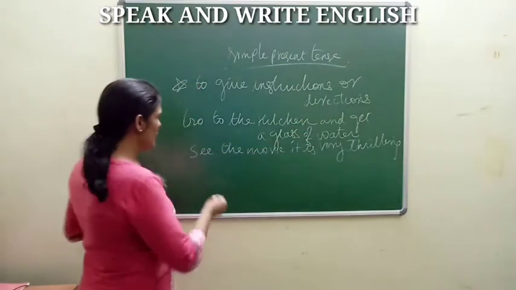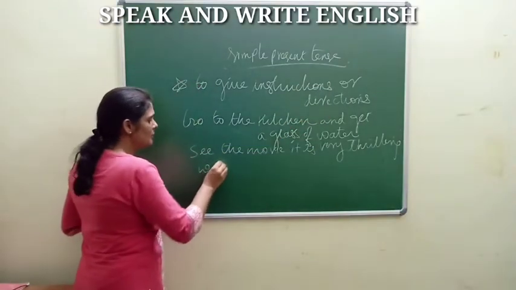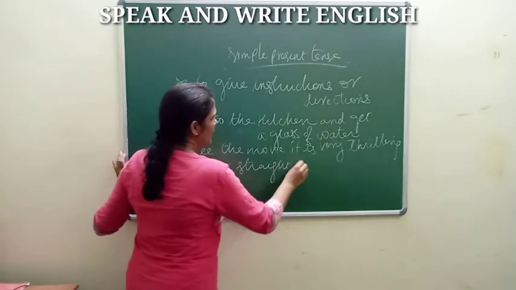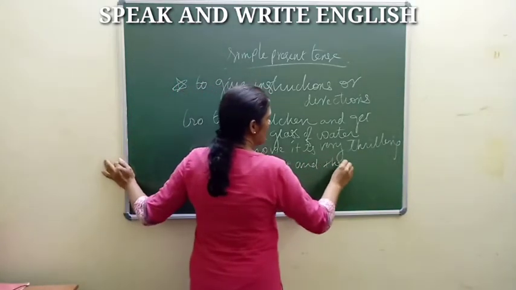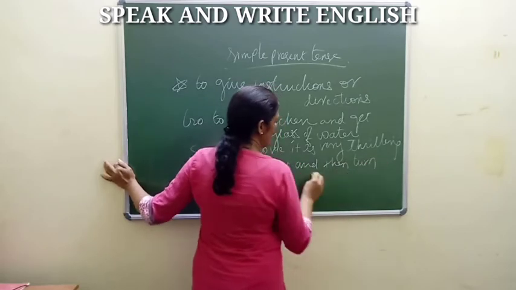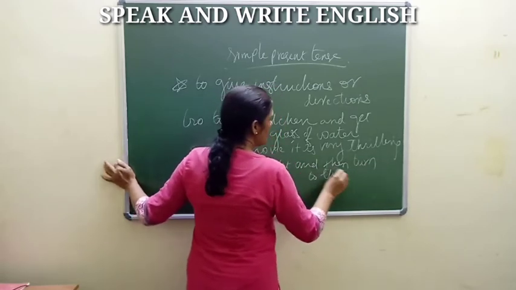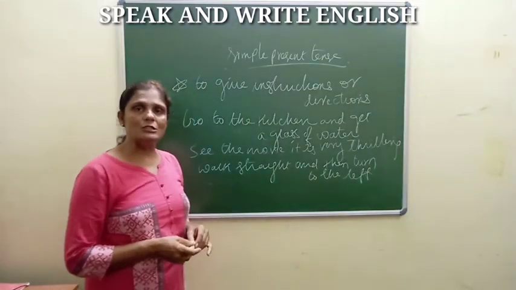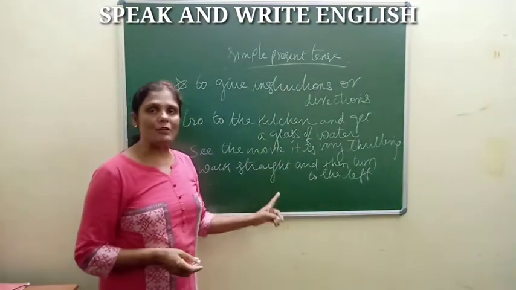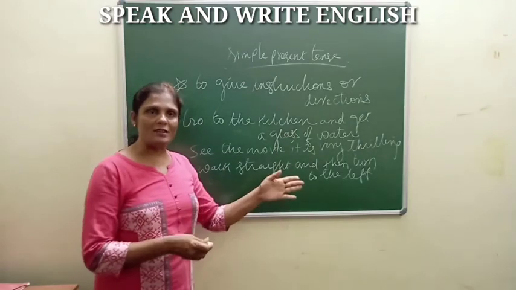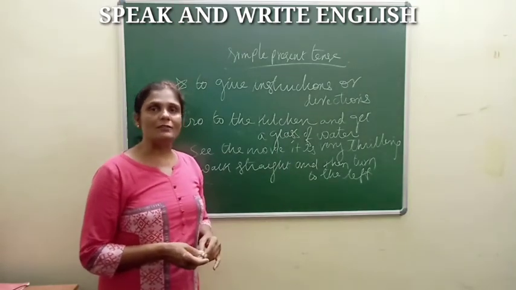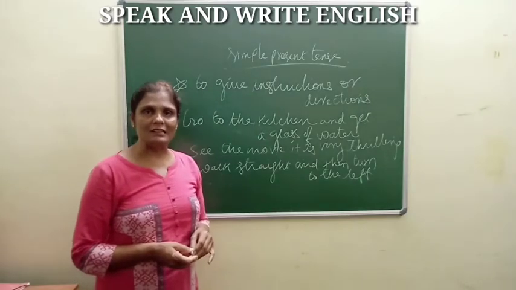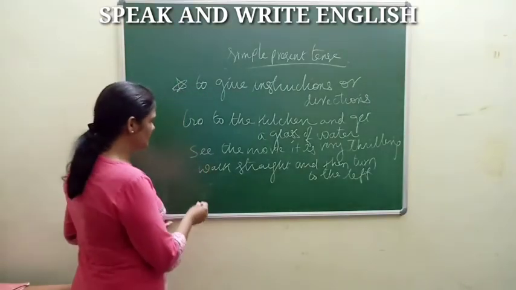For example, walk straight and then turn to the left. Again, you are going to give directions to somebody to walk straight and then turn to the left. In such cases too, we make use of the simple present tense. One more example.